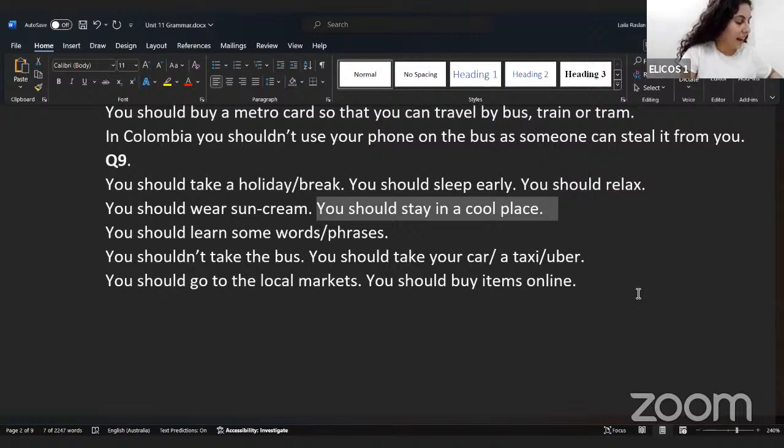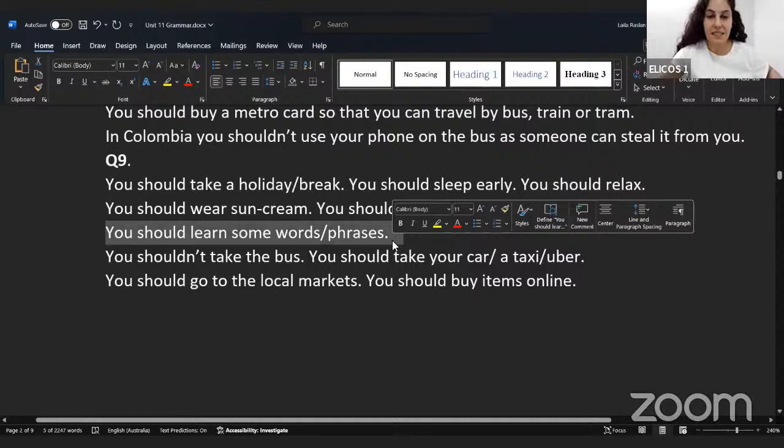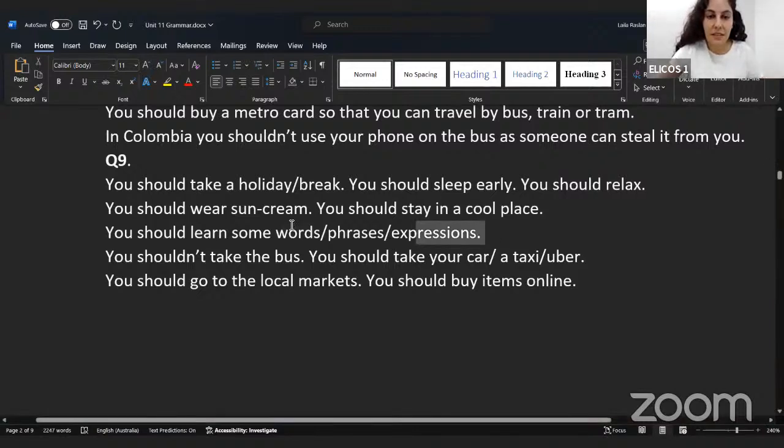If someone says, I can't speak the local language, then you should say, you should learn some new words and phrases. Or you could say expressions. Okay, so you should learn the language. Public transport is slow to the city.